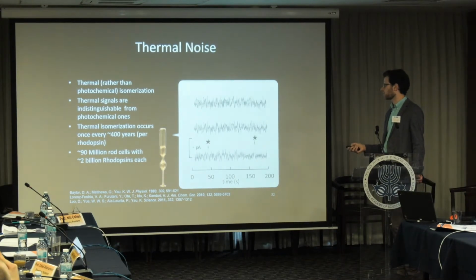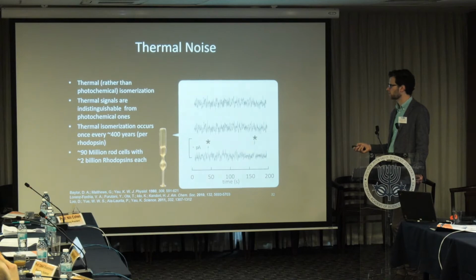The only explanation they came up with is that instead of the photochemical isomerization, there is a thermal isomerization. And they also measured that the signal coming from the thermal isomerization is completely identical to the photoactivated one.